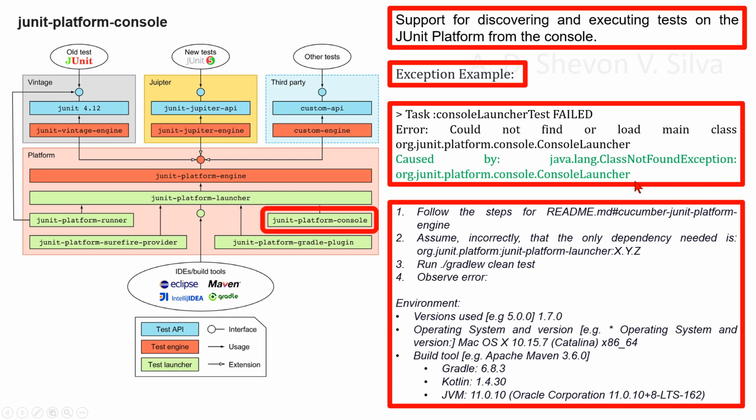this is caused by java.lang. The console launcher test failed. The error: could not find or load main class org.junit.platform.console.ConsoleLauncher, caused by java.lang.ClassNotFoundException: org.junit.platform.console.ConsoleLauncher. Follow the steps for README.md #cucumber-junit-platform-engine.